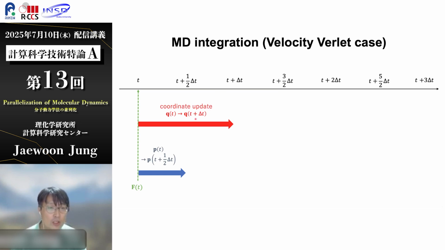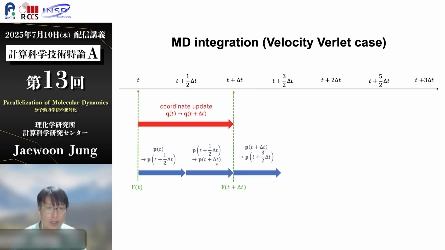We obtain the new coordinate, and from the new coordinate, we evaluate the force at t plus delta t. Based on this, we again update the momentum from t plus half delta t to t plus delta t.